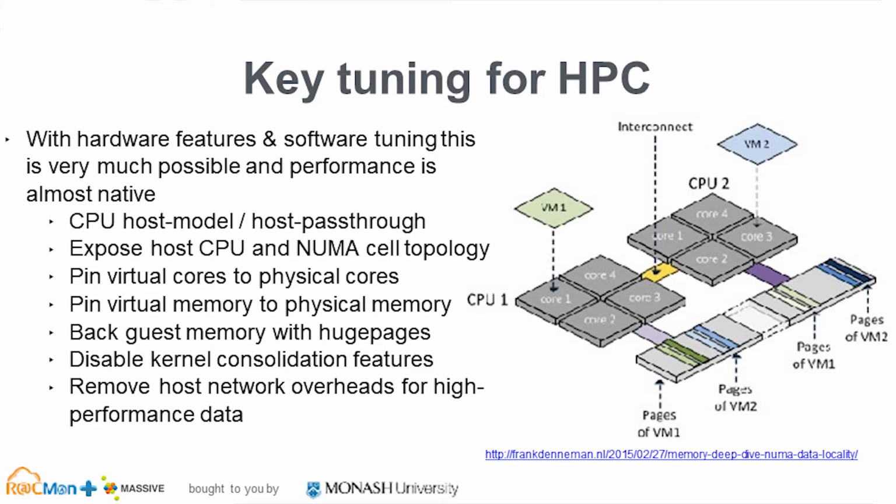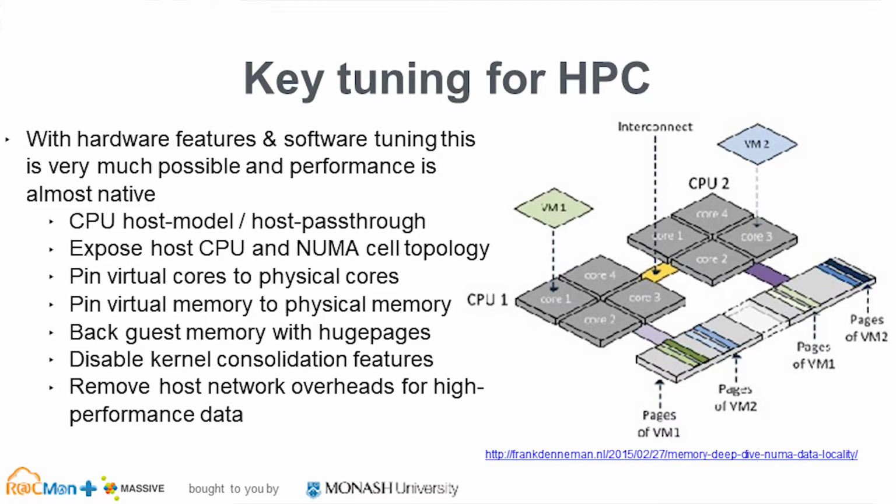So anyway, the key things here are obviously passing through all the CPU instruction sets that you've just paid for. If you just run a naive version of KVM QEMU, then you'll be getting a CPU model that limits all the feature flags so that you can do live migration. In this context, if you're doing HPC work, then you may well not care about that.